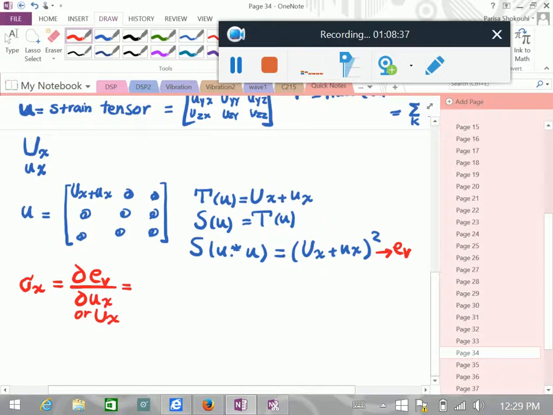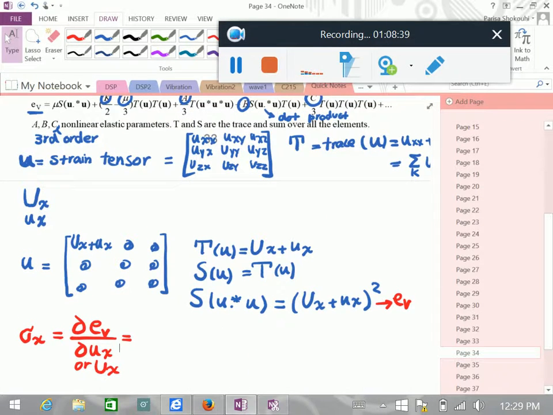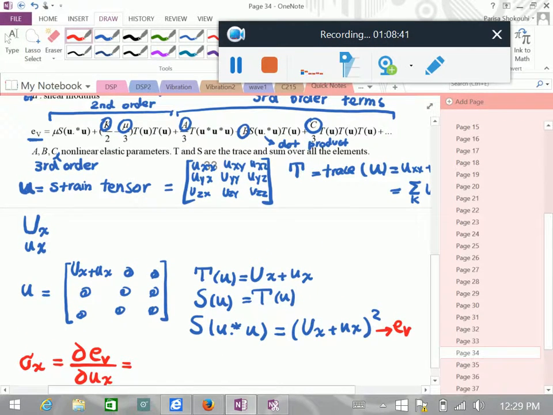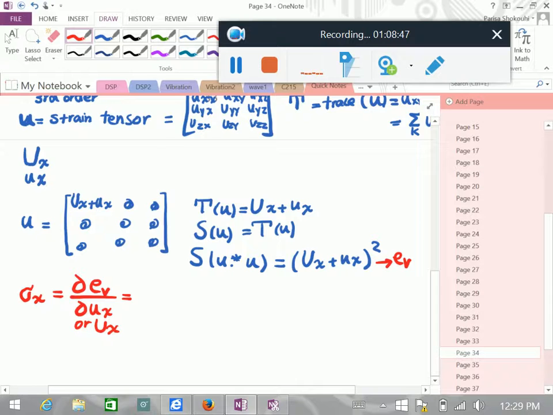I haven't written down what E sub v would be, but you have the expression here. Basically, it will be a function of mu, k, a, b, and c. But if we take the derivative with respect to u sub x, or the large one, this is what we are going to get.